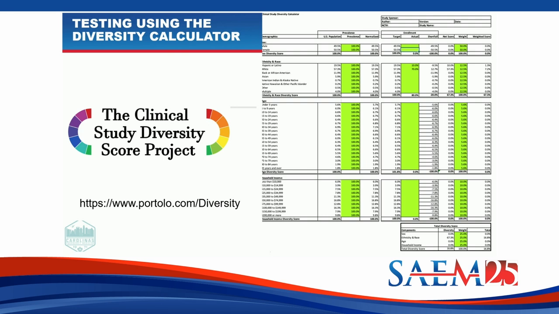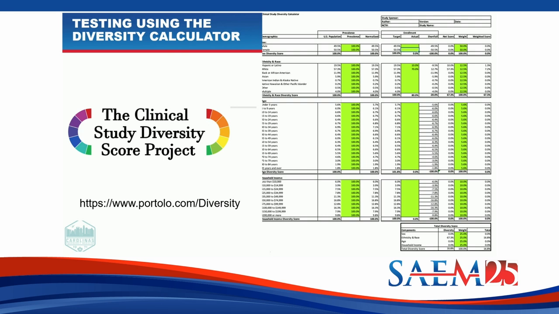And then in the white background, you put your ideal study population. So if you're studying the US, you would put the demographics there. And then in the yellow, you put your data, so what your actual study participants are. And then it outputs this diversity score, which is pretty cool. You can say how you want to weigh different components, so you can weigh sex, ethnicity, and race differently than age and household income.